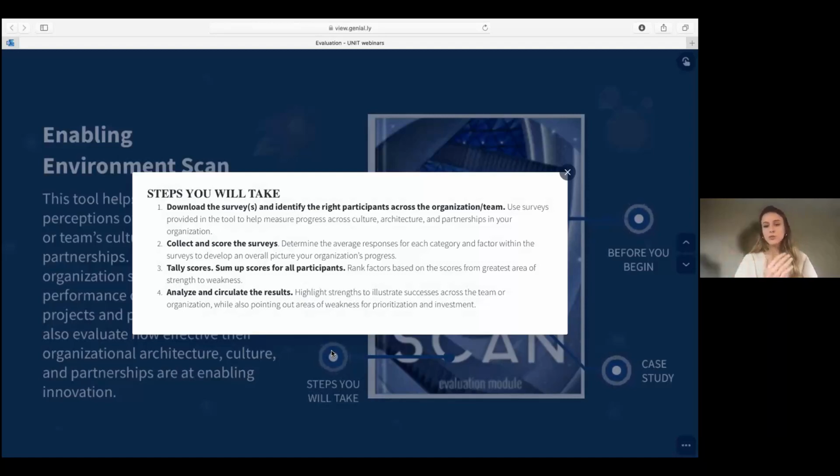That is to say, to rank factors based on the scores from greatest area of strength to weakness. And finally, analyze and circulate the results. As already explained through this webinar series, to communicate and to share these results is as equally important, and that is why we have the innovation storytelling tool in this evaluation model.